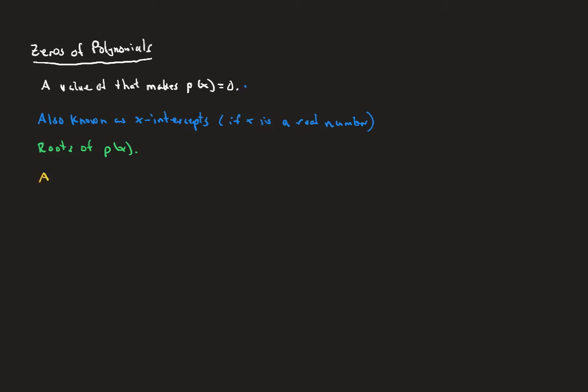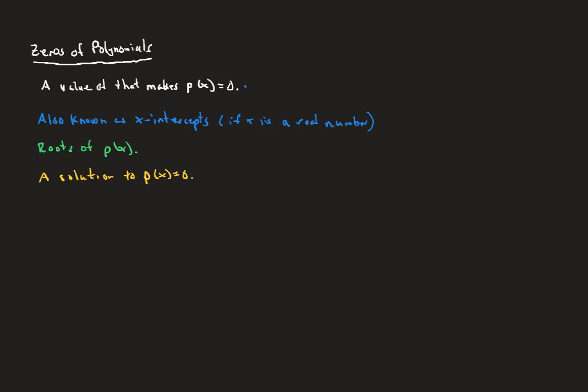So sometimes you'll see it referred to as a solution to that equation p of x equals 0. So these four expressions are all equivalent. If a number makes the polynomial equal to 0, then that number comma 0, that ordered pair, is an X-intercept, and it's also known as a root of the polynomial or a solution to p of x equals 0.